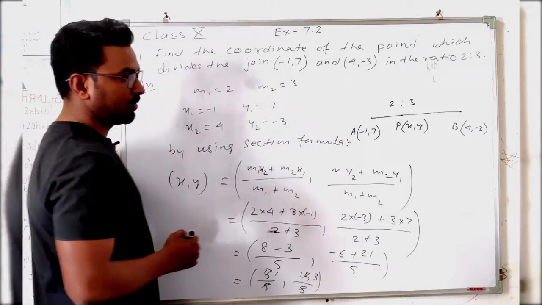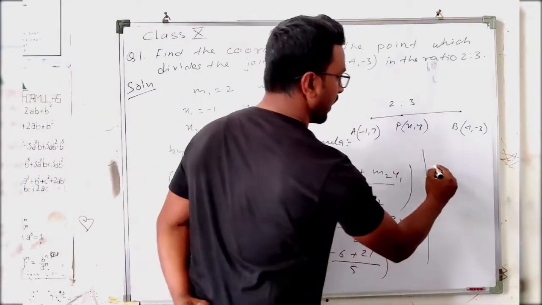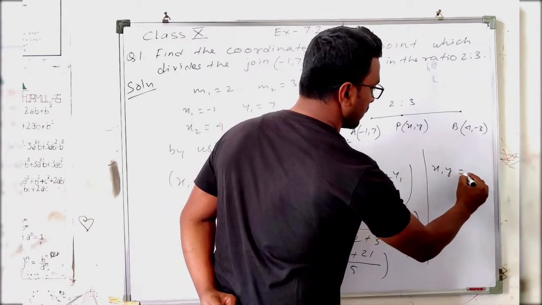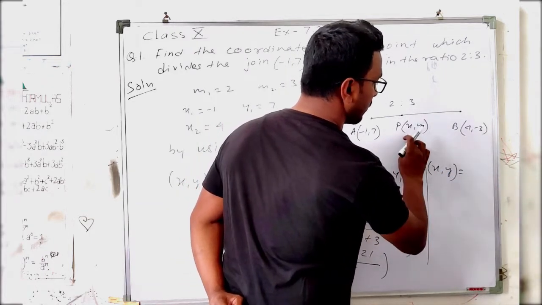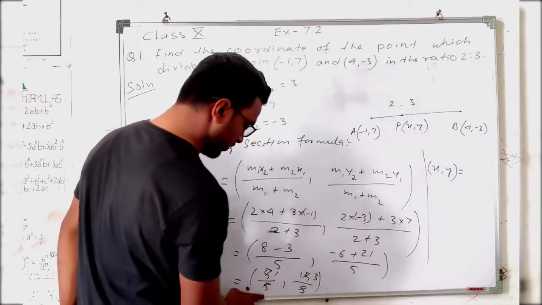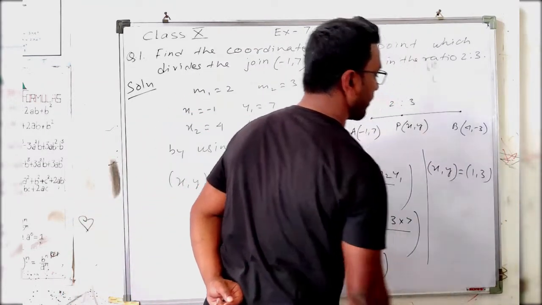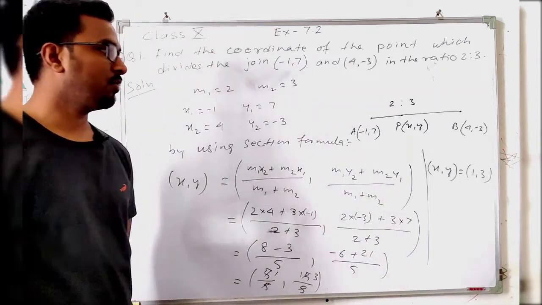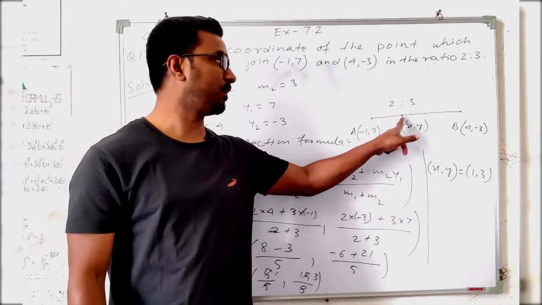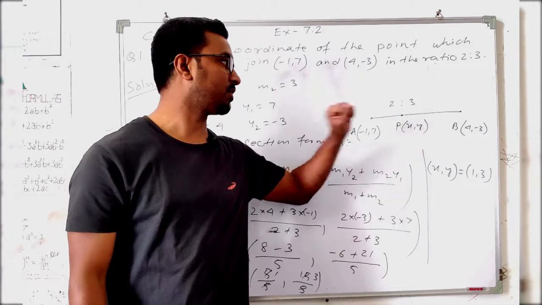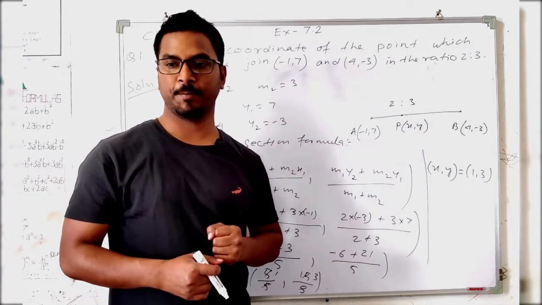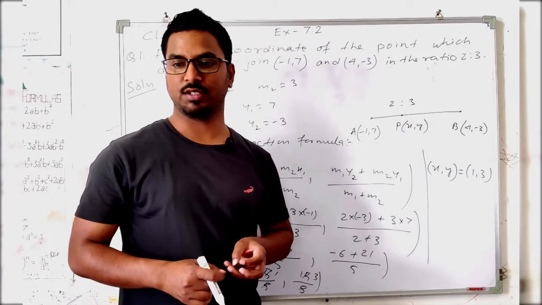Clear? So here we can write x, y is equal to 1, 3. The coordinates of this point are 1, 3. So this is how we can find the coordinates of this point by using the section formula. Okay, we'll do the next question.